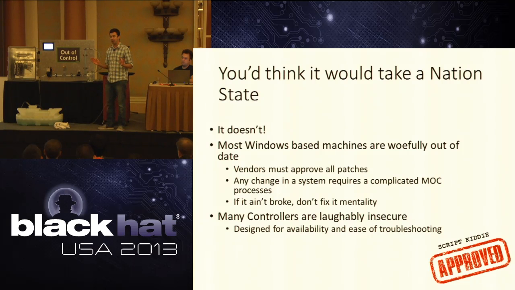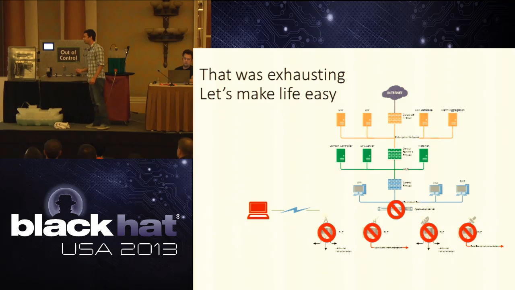Because you want these things on for 20 years or so, and every day that you're not producing oil or every day that you're not producing some chemical is money down the drain. So you want to keep them on all the time and not necessarily updated. And also vendors have to approve all patches. There's all types of complications that come with having a computer that's part of the process control network as opposed to being on regular old enterprise IT.